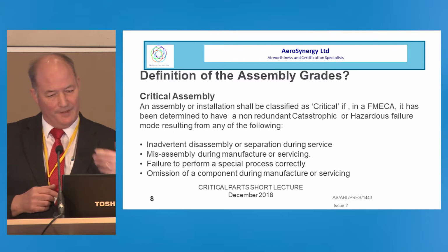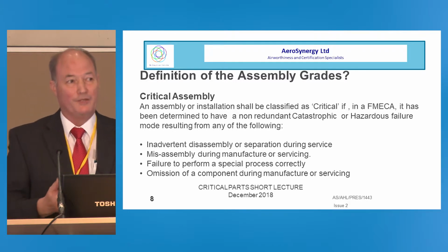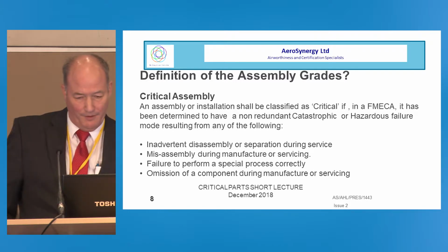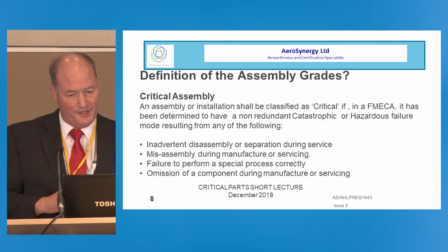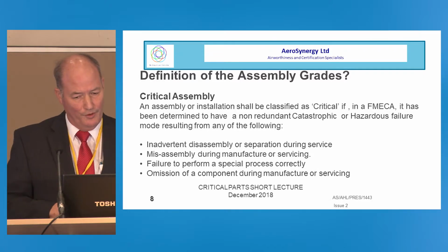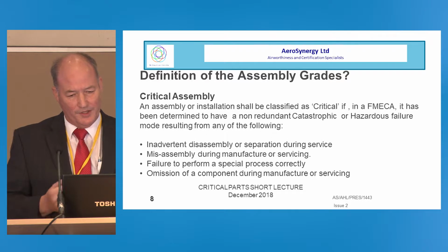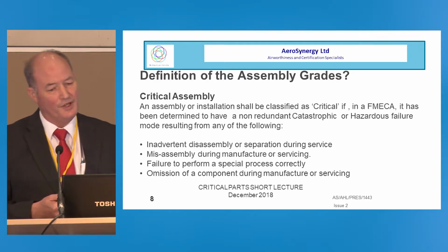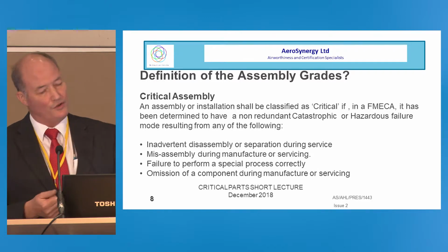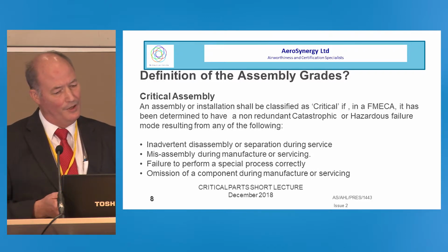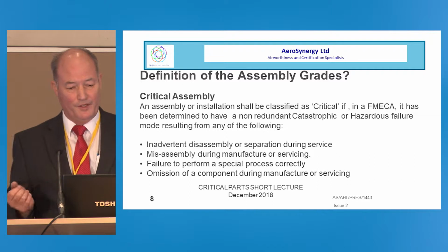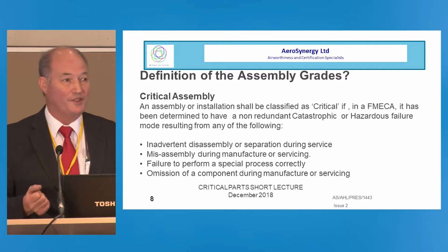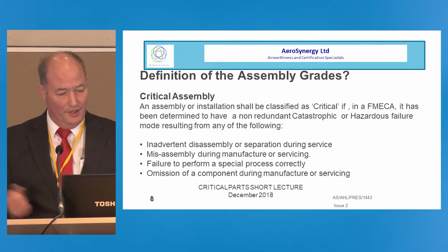So here we have a definition. Happens to come out of my own procedures, but other companies would have similar definitions, I'm sure, where an installation or an assembly is critical if in a FMECA it's been determined to have a non-redundant, catastrophic or hazardous failure mode resulting from inadvertent disassembly or separation during service, in other words, it comes apart.